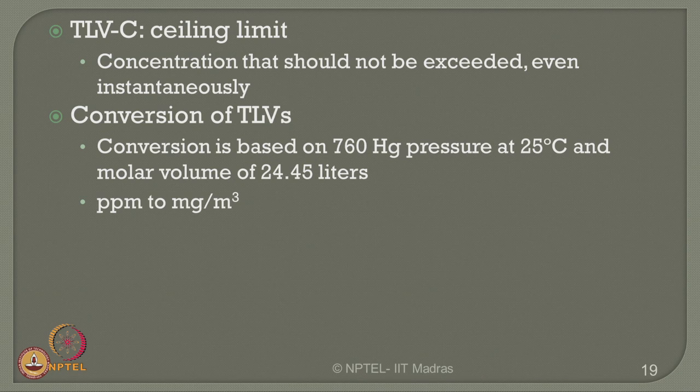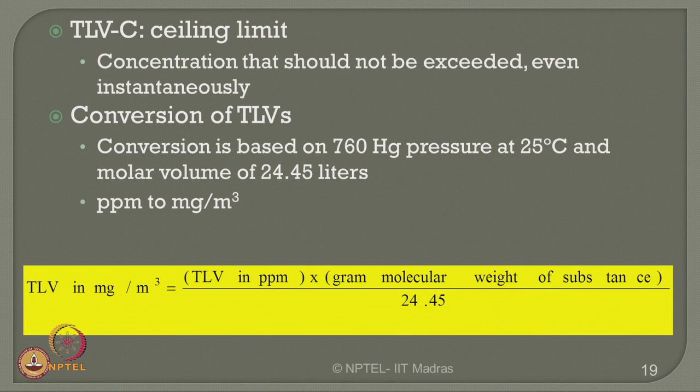The conversion is actually based on 760 mm mercury pressure at 25 degrees centigrade with a molar volume of 24.45 liters. Now the equation for converting TLV, which is available in milligram per cubic meter, is given to you in the slide now.